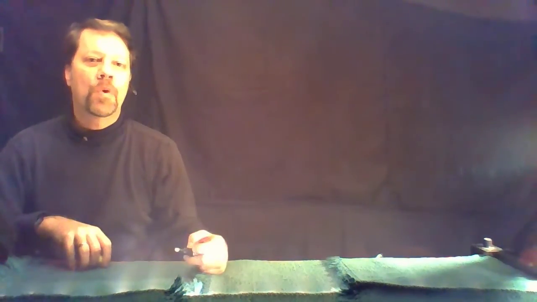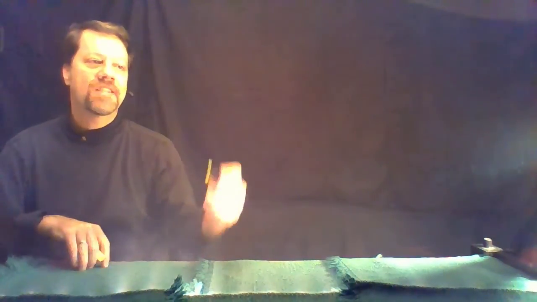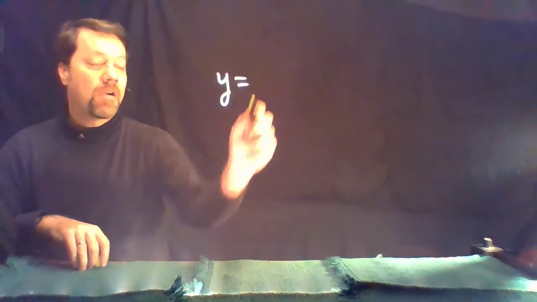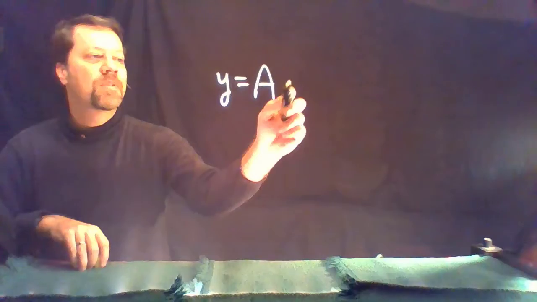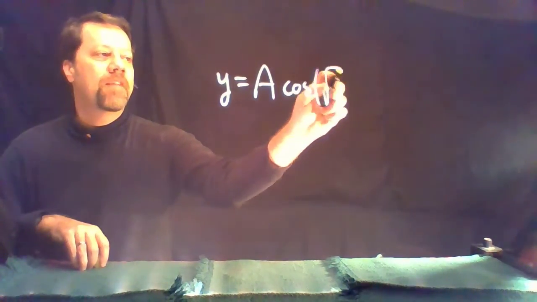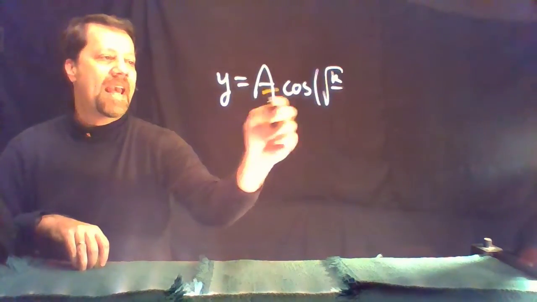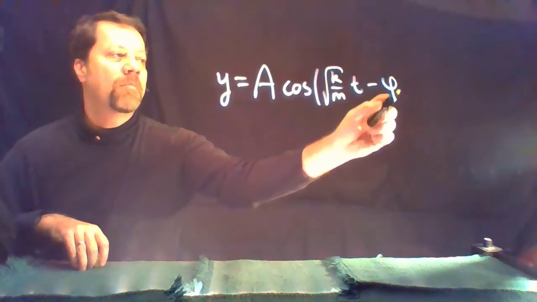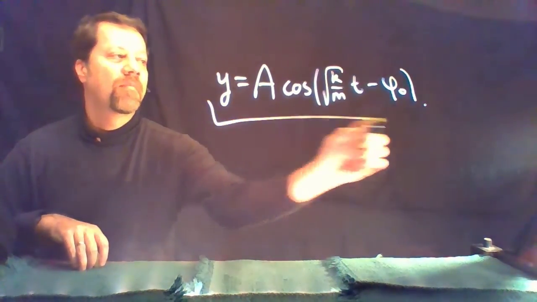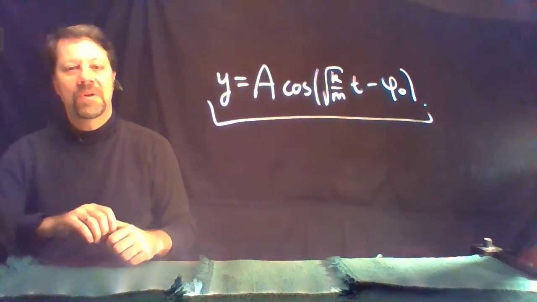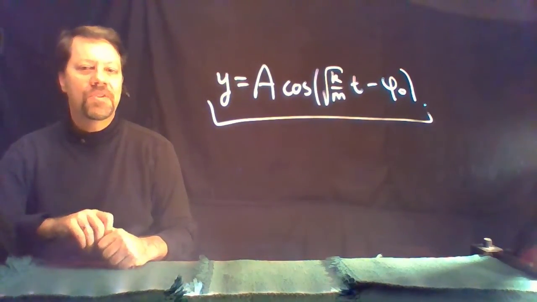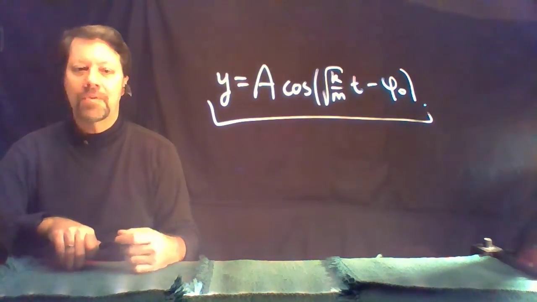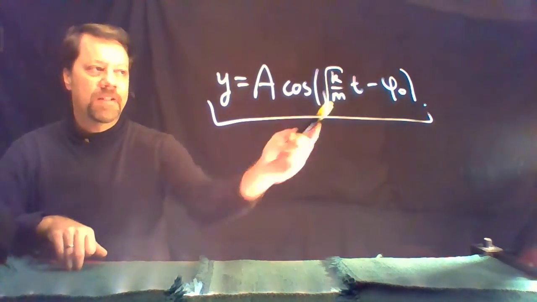It follows from work that we did in the last video that the solution to simple harmonic oscillator problems is going to be a function of the form A cosine root k over m t minus some phi naught. In other words, the solution will always be some kind of sinusoidal function with some amplitude, phase shift, and period.